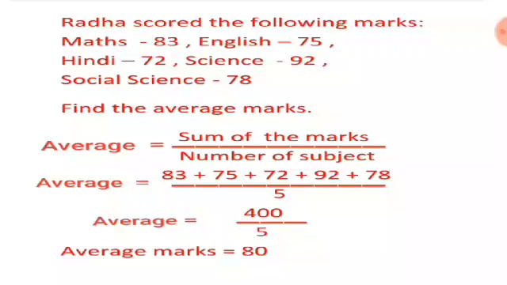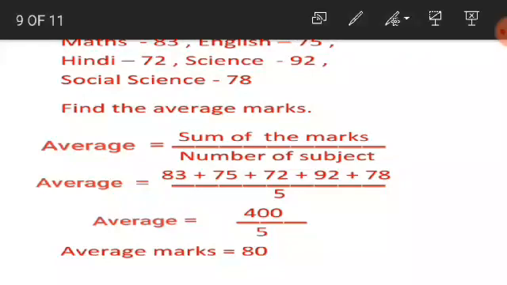Now again we write the formula and now we write the numbers which are scored by Radha, that are 83, 75, 72, 92 and 78. Now divided by how many subjects? There are 1, 2, 3, 4, 5. Now we will divide by 5.